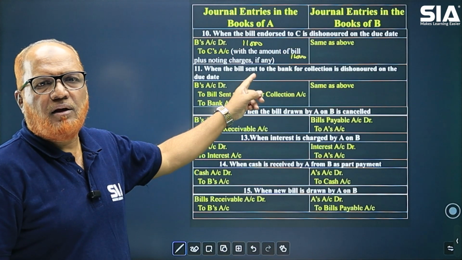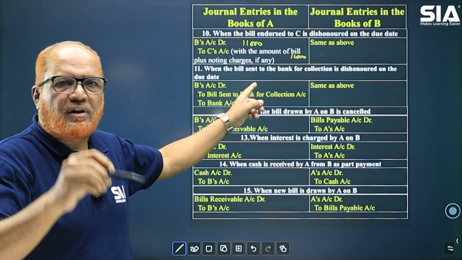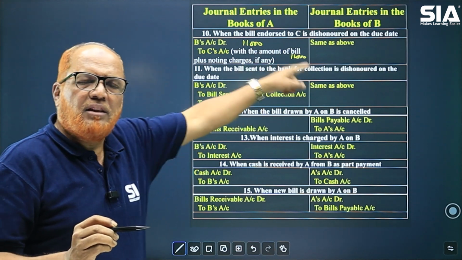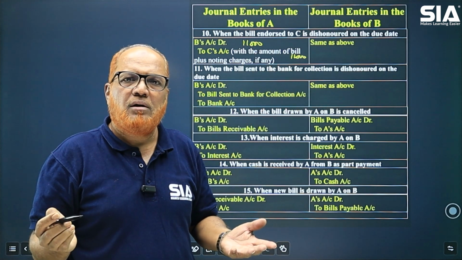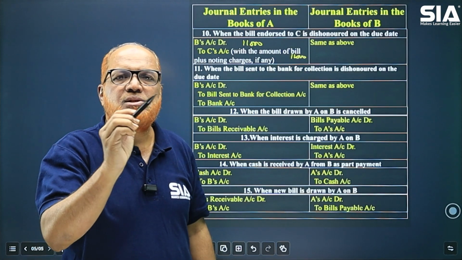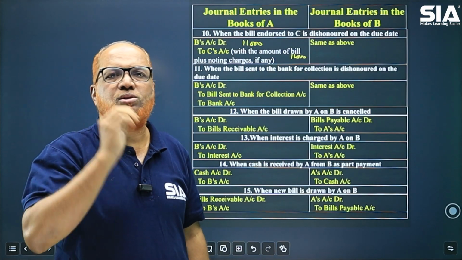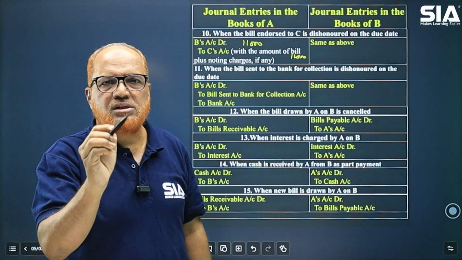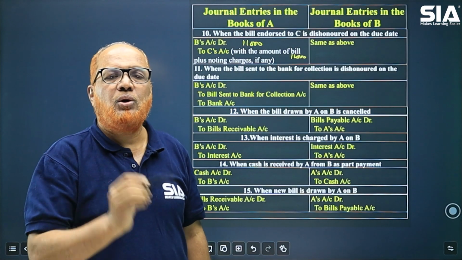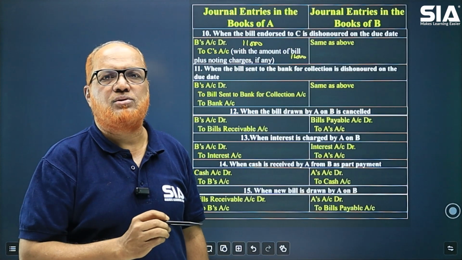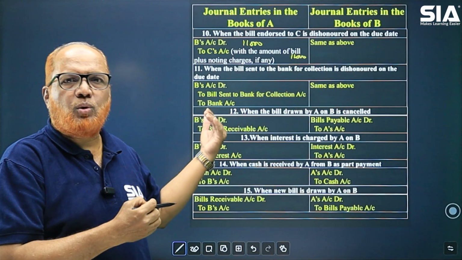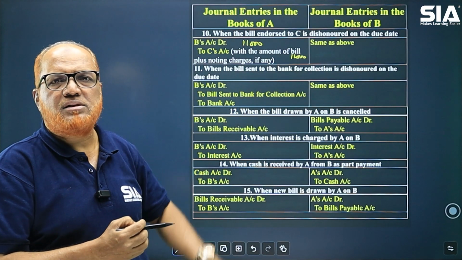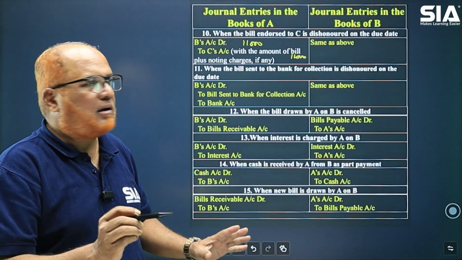This is the entry when the bill is dishonored after endorsement. In the books of B, same entry. The bill is dishonored, so he will pass the entry bills payable account debtor 10,000, noting charges account debtor 1,000 to A's account 11,000. So finally B has to pay the amount to A, so A's account is credited.